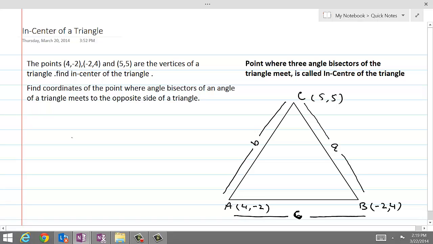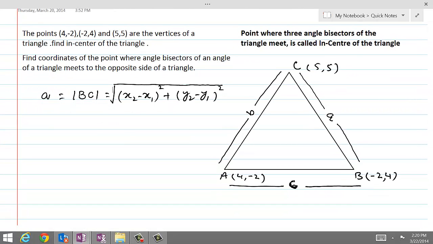Let's find these values. a is equal to the length of side BC, and by using the formula square root of (x2 minus x1) whole square plus (y2 minus y1) whole square, we can find the length of the side of this triangle.